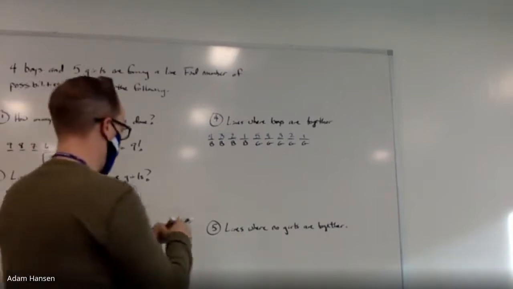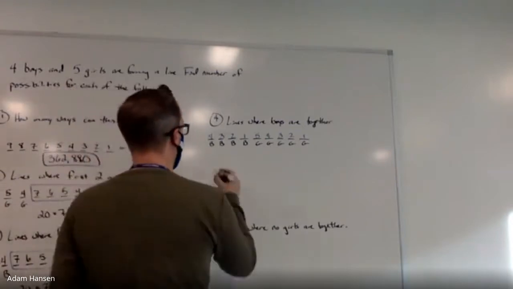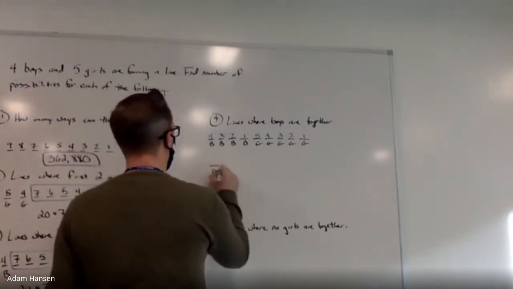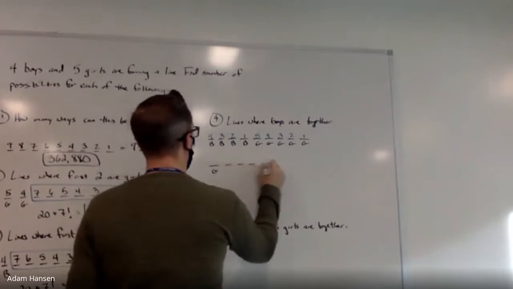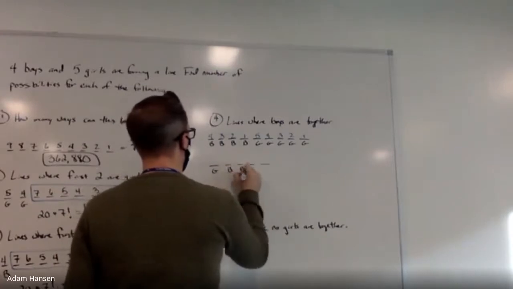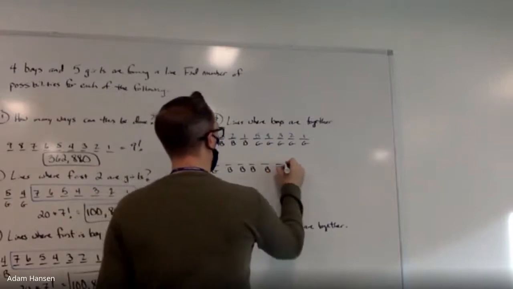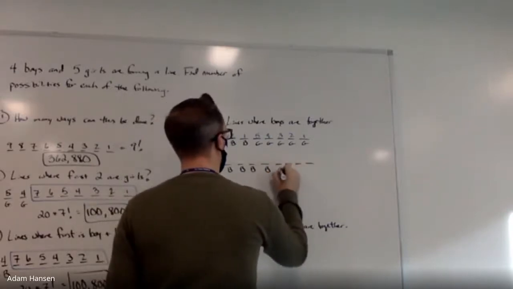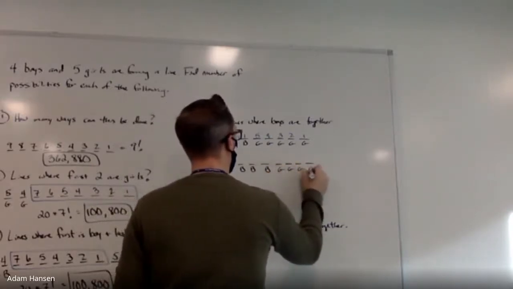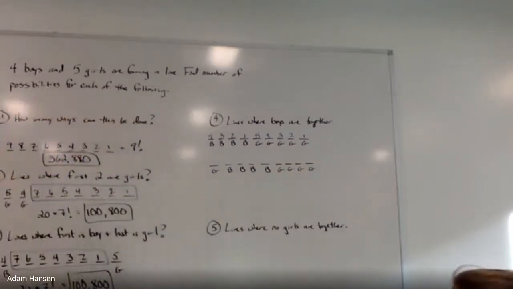So let's start by diagramming out more different lines. What if I have a girl come first, followed by the 4 boys, followed by the rest of the girls? I'm just going to slide the boys from the front all the way to the back.